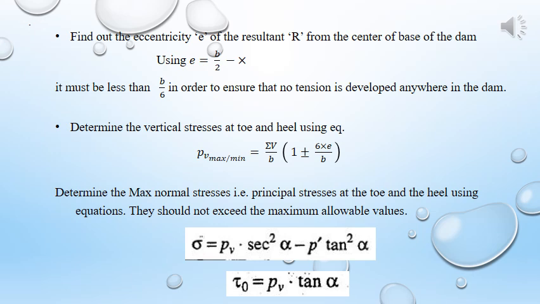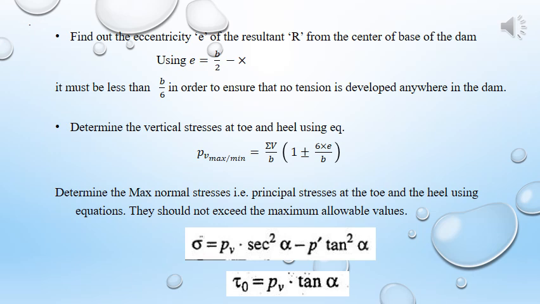So, P v maximum for the toe and P v minimum for the heel. For the maximum, it is summation of V by B times 1 plus 6 E by B. So, this is the P v maximum, and P v minimum at the heel is summation of V by B times 1 minus 6 E by B.